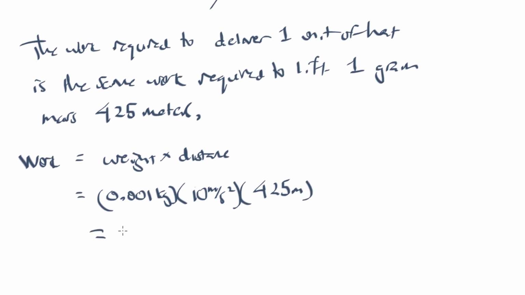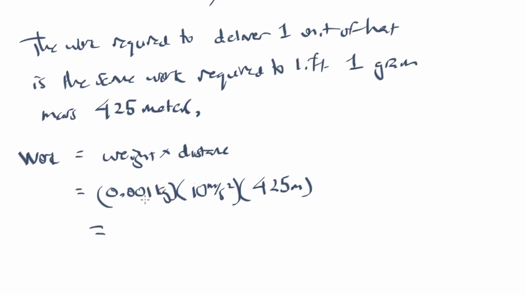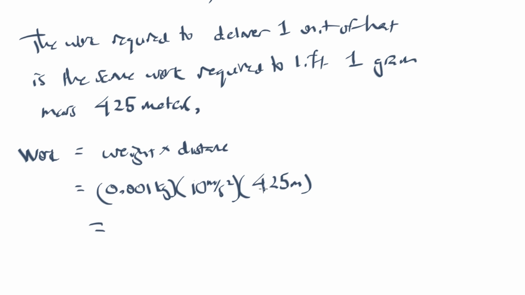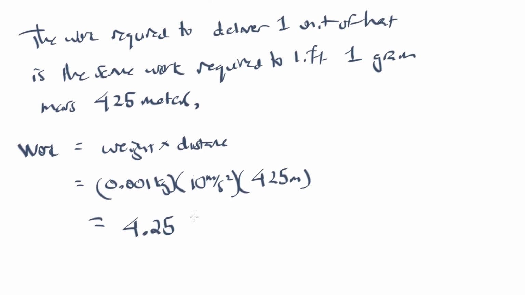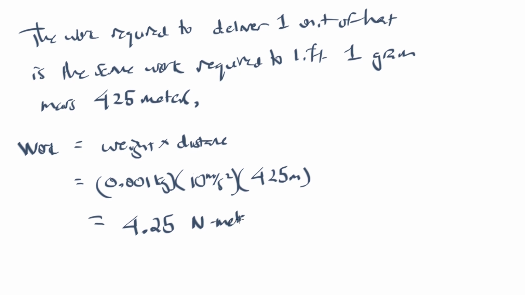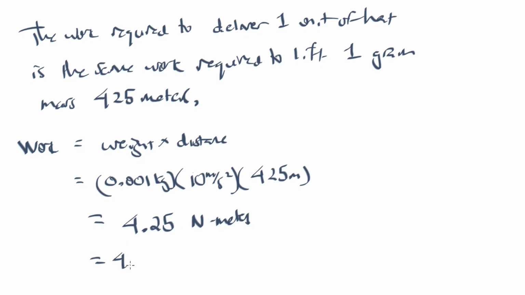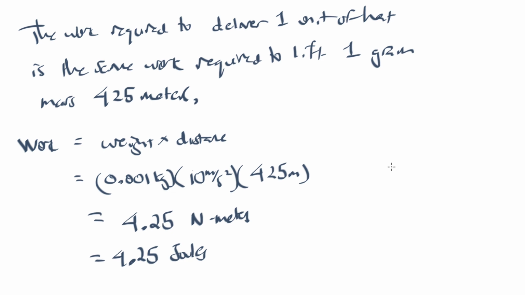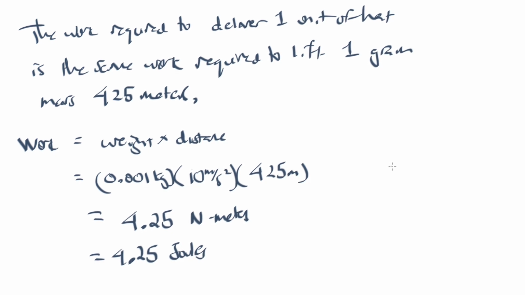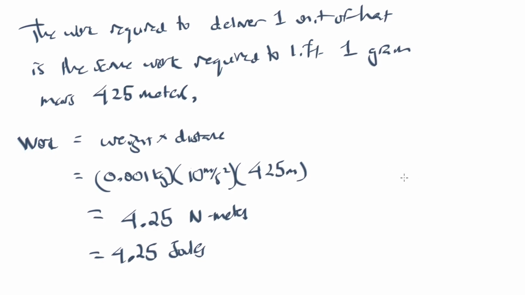And you'll see right away that this becomes 0.001 times 10 times 425. That gives us 4.25 Newton meters, or 4.25 joules. That is the amount of work one needs to do in order to deliver or to create 1 unit of heat. That is the amount of work required to raise 1 gram of water by 1 degree Celsius.